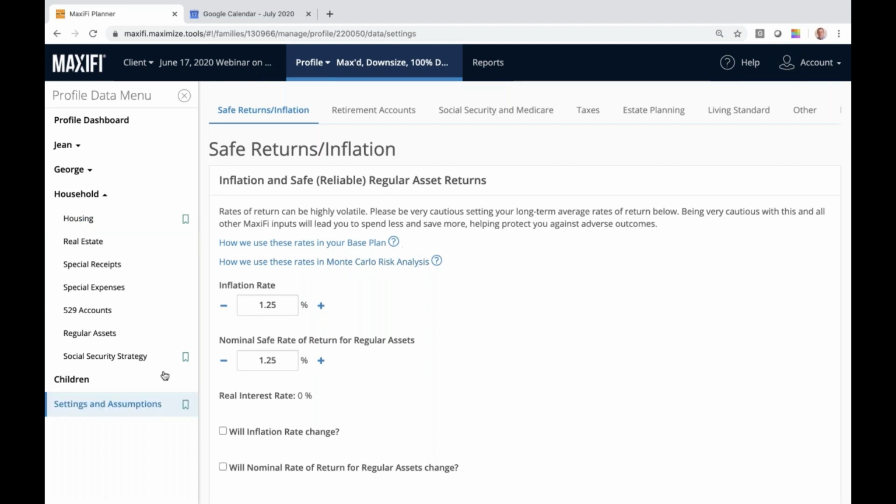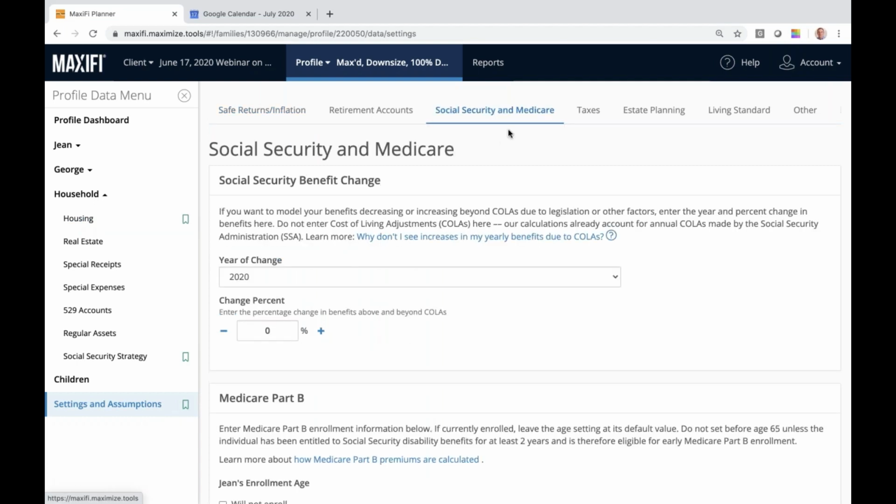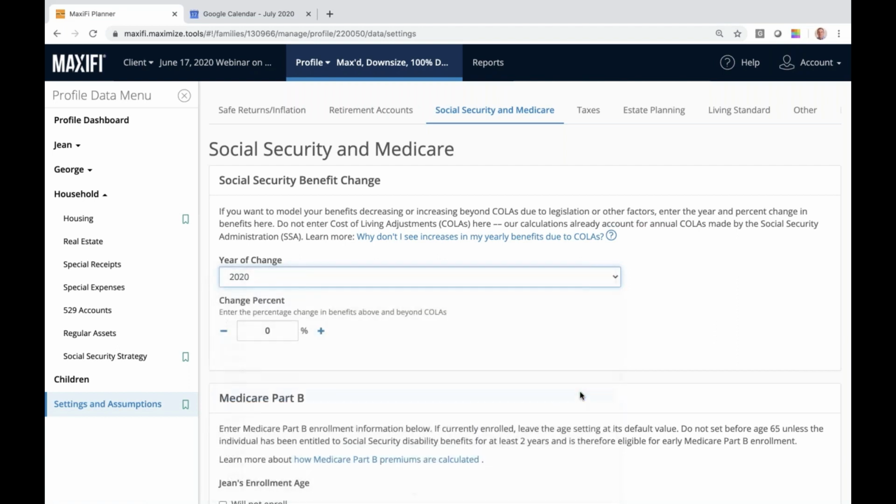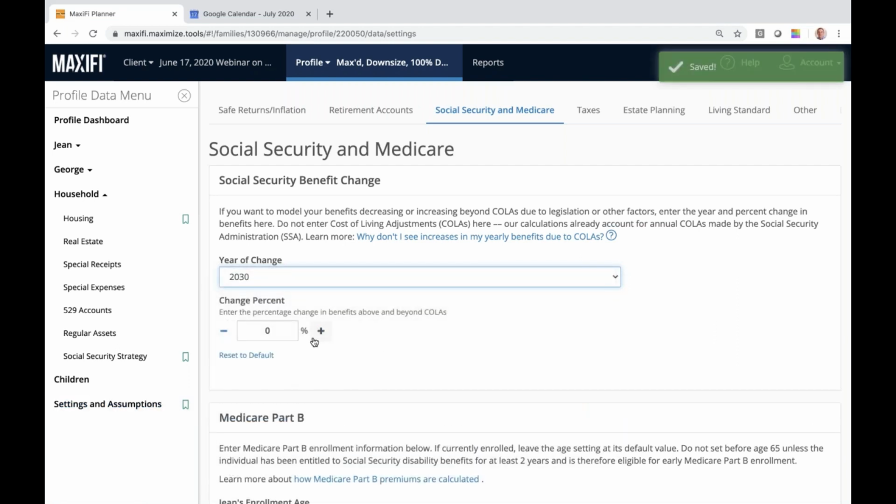So under settings and assumptions, for whatever profile you're in, you click on Social Security and you say, okay, I think starting in 2030, there's going to be maybe a 20% decline in Social Security.